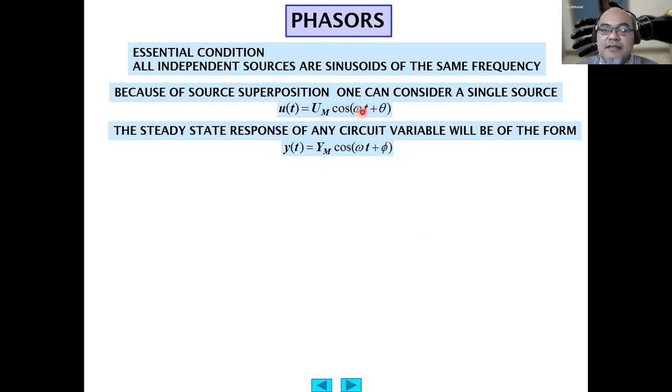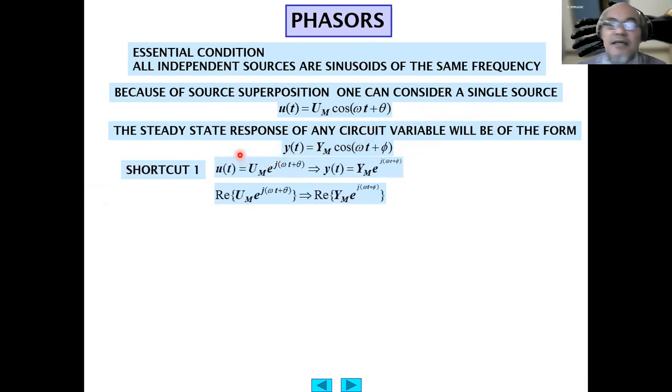Omega is the radial frequency, and theta is the phase. When this source is put into a network, the steady state response of any circuit variable will be of the form small y(t) equals Ym times cosine(omega t plus phi). Here we see that omega does not change.